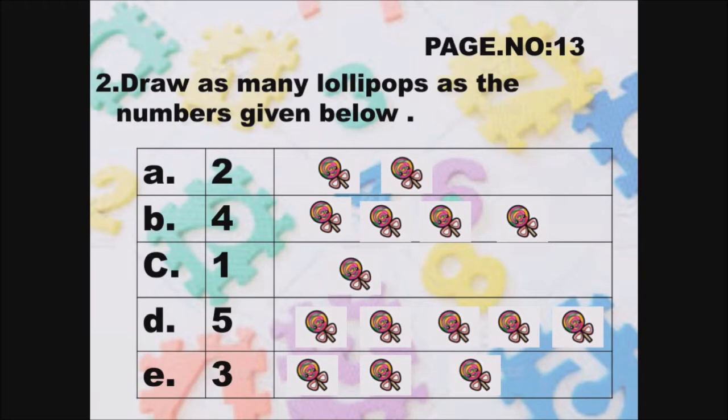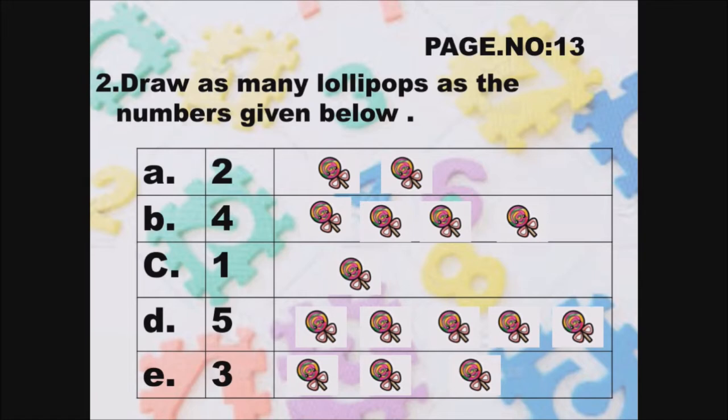Next, the number is 1. So, we have to draw only 1 lollipop. Yes, good. Next, the number is 5. So, we have to draw now 5 lollipops. 1, 2, 3, 4, 5.